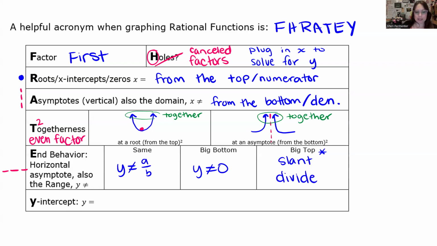Last, we have the y-intercept, and the y-intercept will be represented on the graph with a point. So I put a point here. And the y-intercept, we figure it out because we plug in 0 for x. So plug in x is equal to 0 to find y.